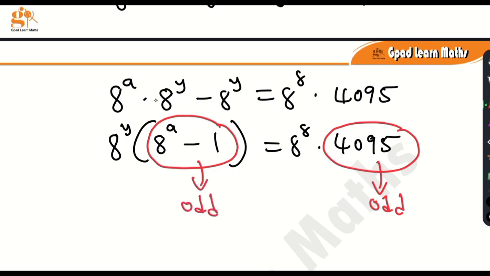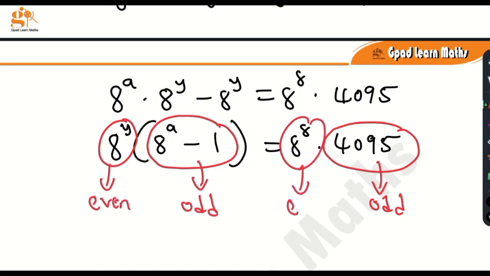If this odd compares to this odd, it means that 8 raised to power y will be even as well. And of course, it will be even because I said that 8 raised to power a positive number will always be an even number. So we have even being compared to even, and odd on the left-hand side being compared to odd on the right-hand side.